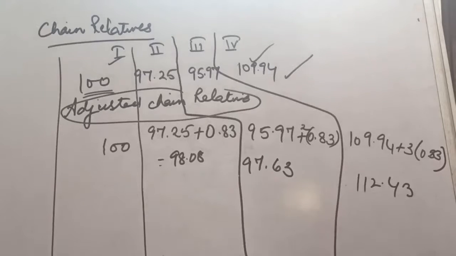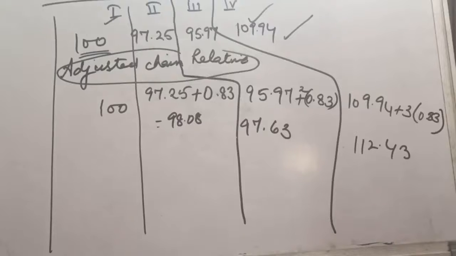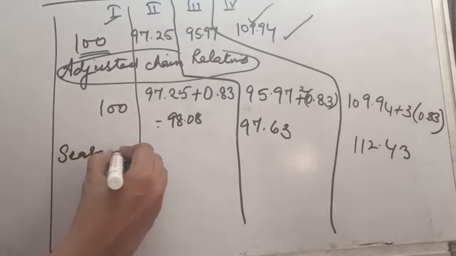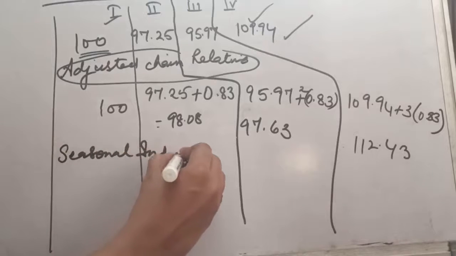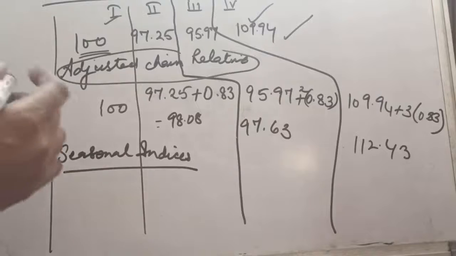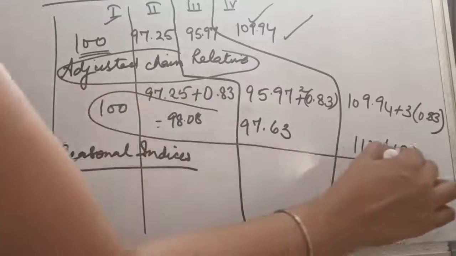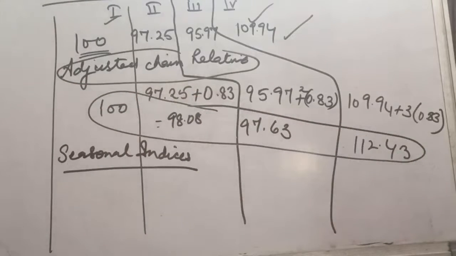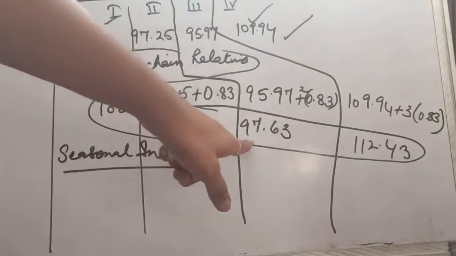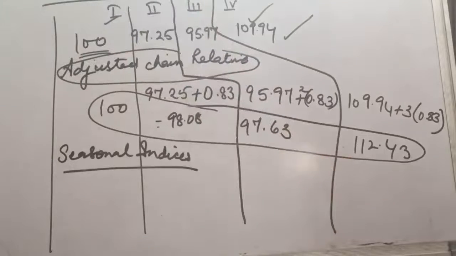From here, let us see. Now for calculating the seasonal indices, we have to apply the last formula, and that formula is that our answer that has come divided by the average into 100. First of all, we will calculate the average of these four. So the average of these four means 100 plus 98.08 plus 97.63 plus 112.43 divided by 4.